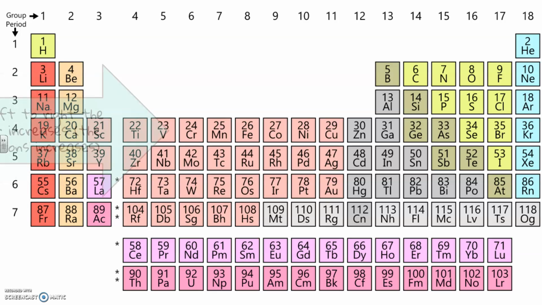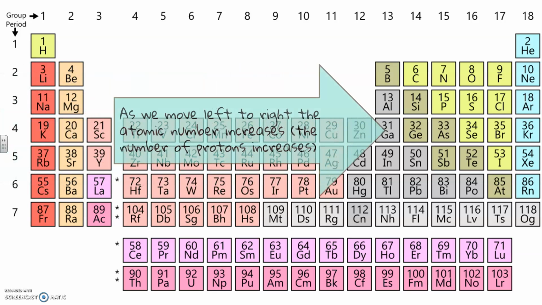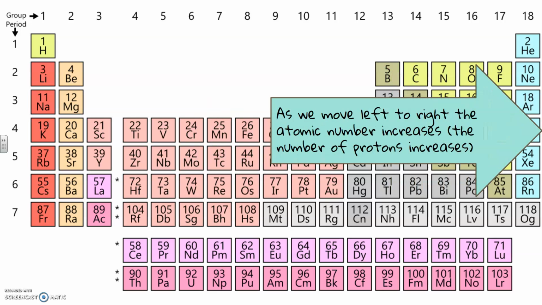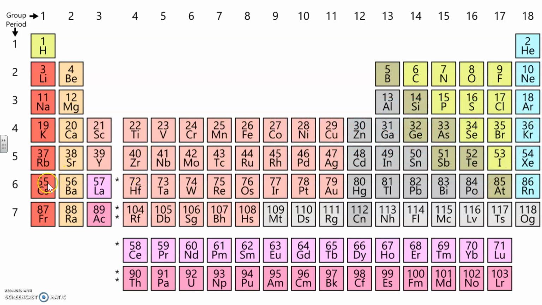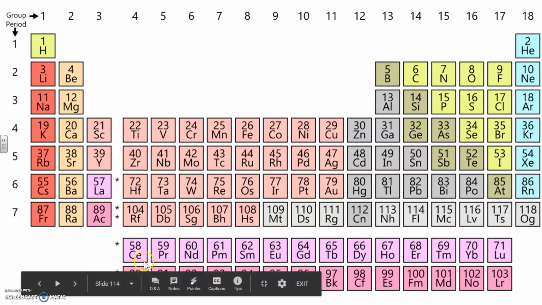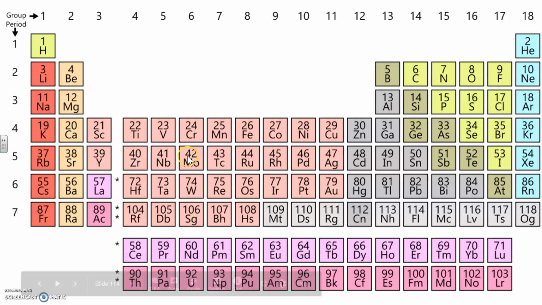So in these 2 rows, as we move left to right, the atomic number increases. Okay, so you can see here, this number is going up. I'm going to click off that arrow. We go 55, 56, 57, 72. We'll figure out why, because here's 71. But let's look at this row. 37, 38, 39, 40, 41, 42, blah, blah, blah, 54.